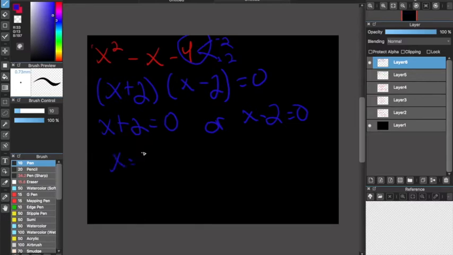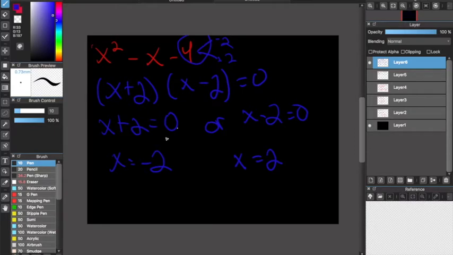So it's x equals minus 2 and x equals 2. So how do I find minus 2? To do that, the first one we have the plus. That means if it changes, it would change to minus, and the second one is minus, then it would turn to plus.